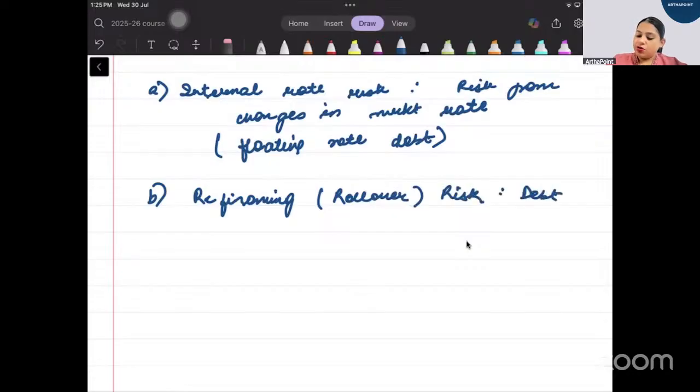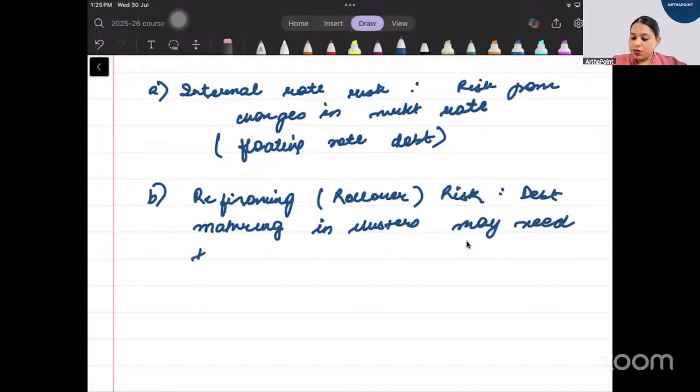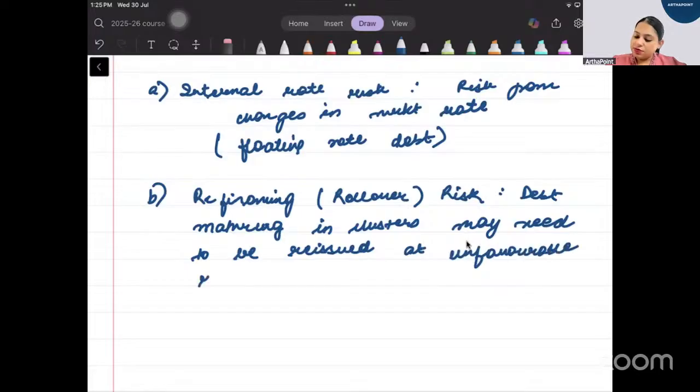Debt maturing in clusters may need to be reissued at unfavorable rate. I'll give you an example.